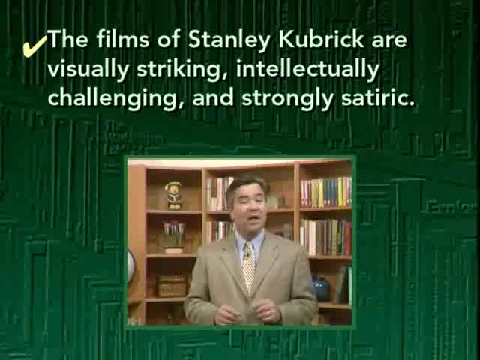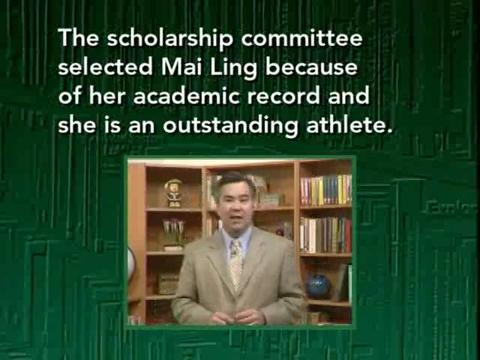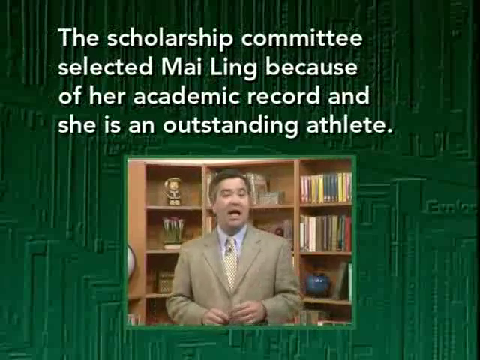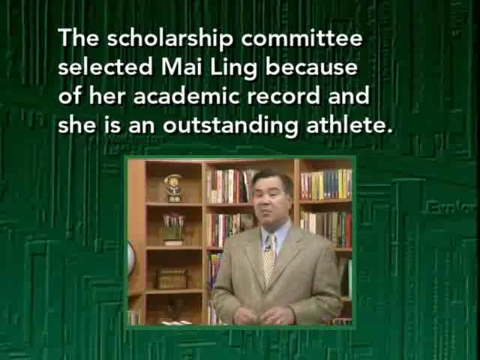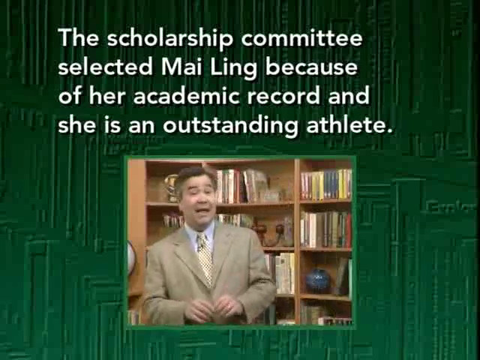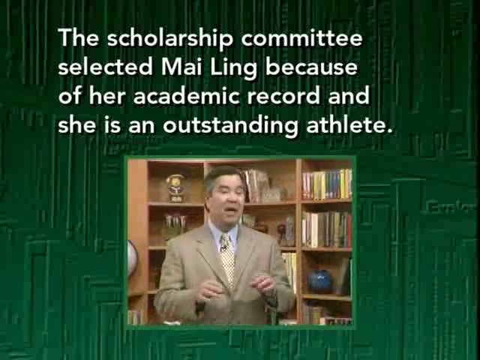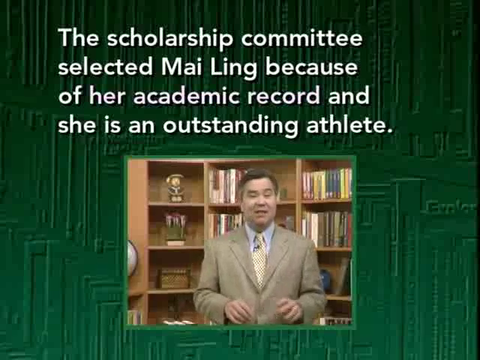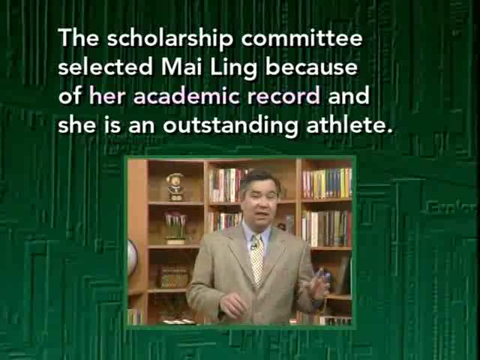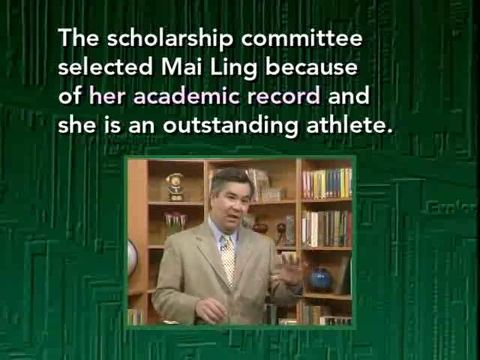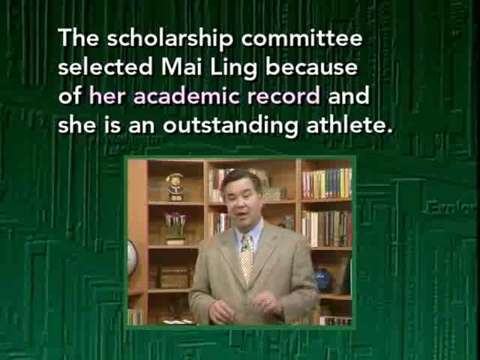Here's another example. The scholarship committee selected Mai Ling because of her academic record, and she is an outstanding athlete. Now here we don't have a list, but we do have two closely related ideas. That is, two reasons the scholarship committee selected Mai Ling. The first reason is her academic record. And here we have a short phrase consisting of the possessive pronoun her, the adjective academic, and the noun record.